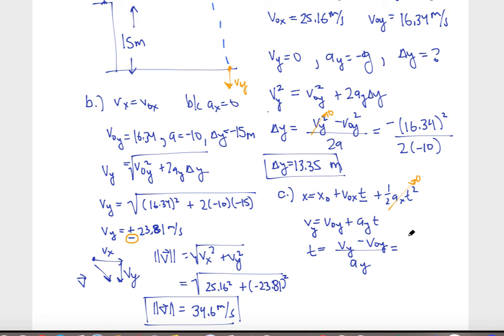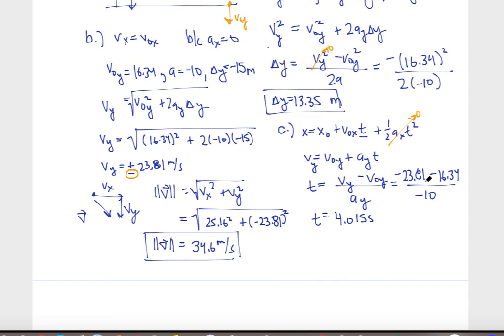So my Vy, which I found to be negative 23.81, minus my initial y velocity, which we found to be positive 16.34, over my y acceleration, which is just negative 10, gives me a time in the air of 4.015 seconds, which is approximately 4 seconds, so you could possibly round that.